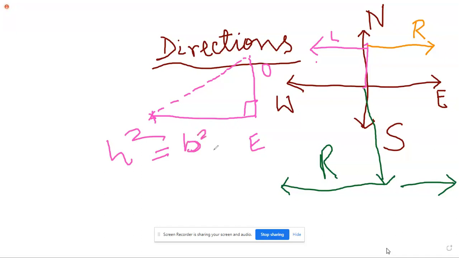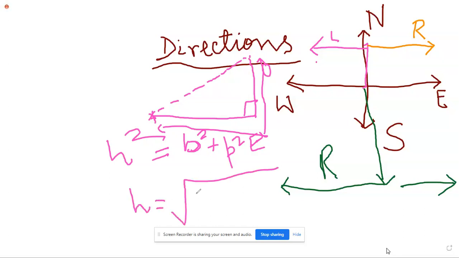Always remember this. This distance A to E is base and E to finally O is perpendicular. So we can always find out the smallest distance as under root of base square plus perpendicular square. So the concept of triangle or Pythagoras theorem might also be required in this particular topic.